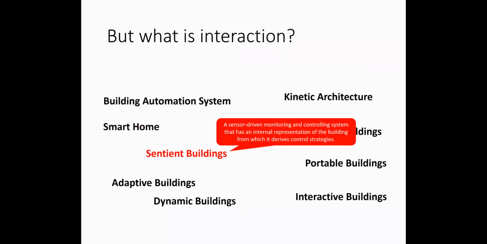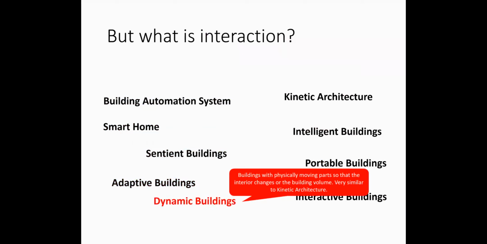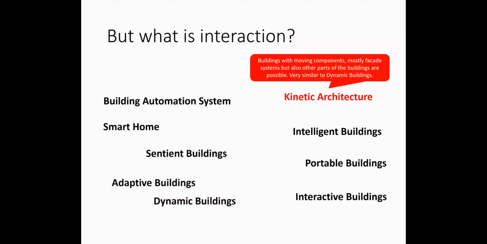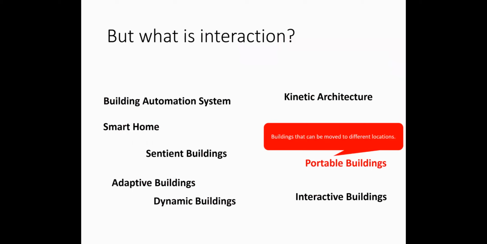We have sentient buildings, where the building tries to form some internal representation of the building. We have adaptive buildings, which are typically smart facade buildings. We have dynamic buildings, where most parts of the building are physically moving parts, so that the interior changes a lot, which is very similar to kinetic architecture. Then we have intelligent buildings, portable buildings, and finally, interactive buildings.